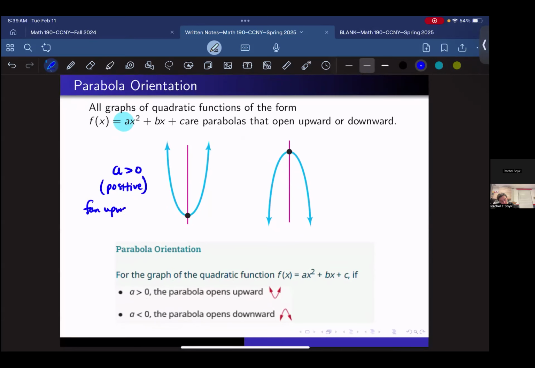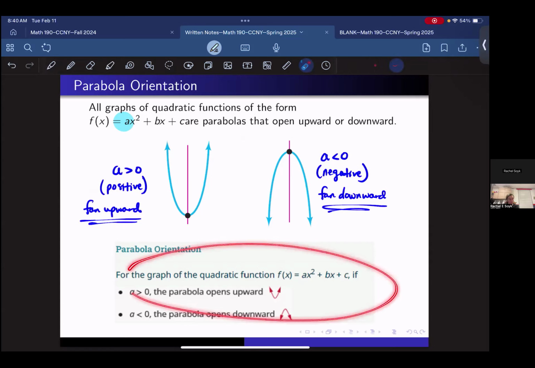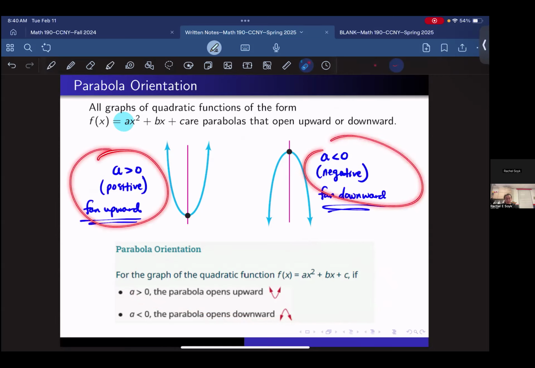Very common test question, even final exam question. If your A value is negative, if it's less than 0, then it is upside down. It is going to fan downward. Right? And this is just the formal way of them identifying what I just put off to the side here.